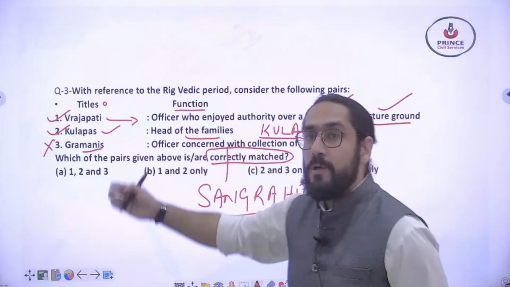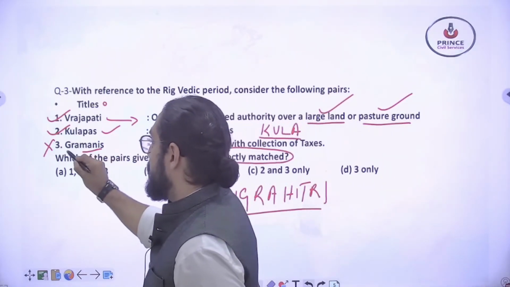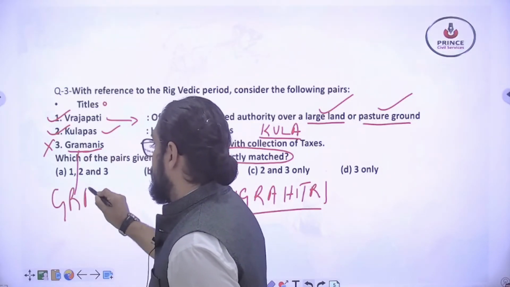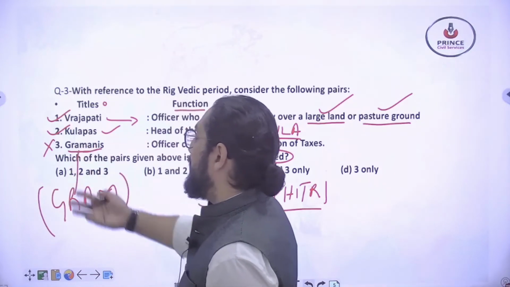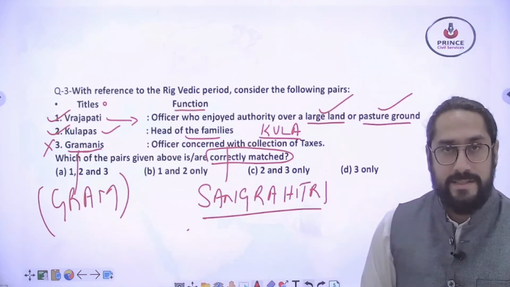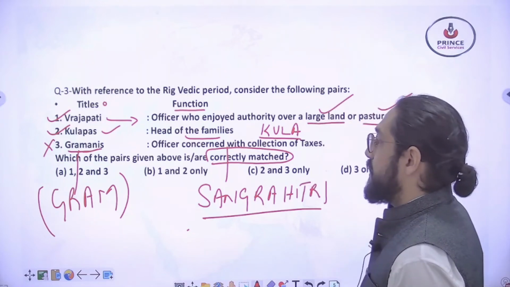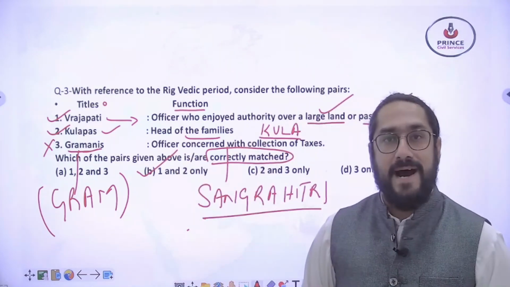Then what was the role of Gramani? From the name itself you can judge that there was a unit, gram, and the person who headed the gram was Gramani. So the right answer is that 1 and 2 are correctly matched. So B is the right answer.